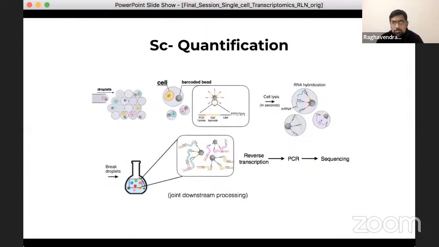So let's look at some of the quantification approaches for single cell RNA techniques. There are two main approaches: full length and tag based. The former, full-length approaches, try to achieve uniform read coverage of each transcript, because the full length is being used for quantification. In contrast, tag-based approaches capture only either the 5' end or the 3' end to which the tags are attached.